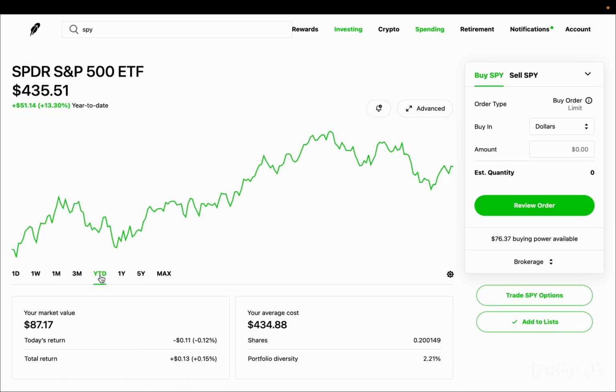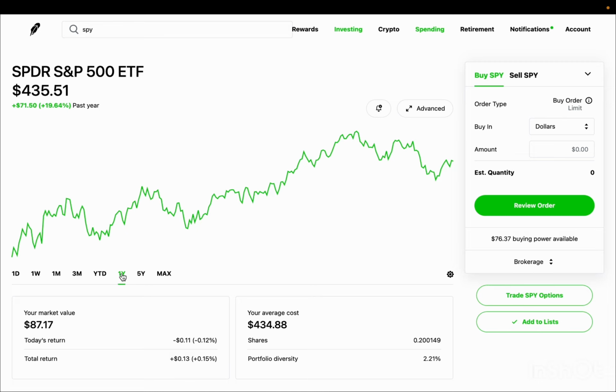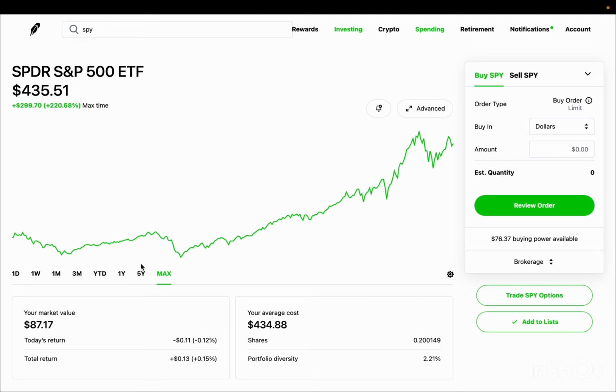But year to date, the S&P 500 is up 13%. 1 year is up 19%, and 5 years is up 58%. So the maximum, you can tell from here that since it started, the S&P is up 220.68%.